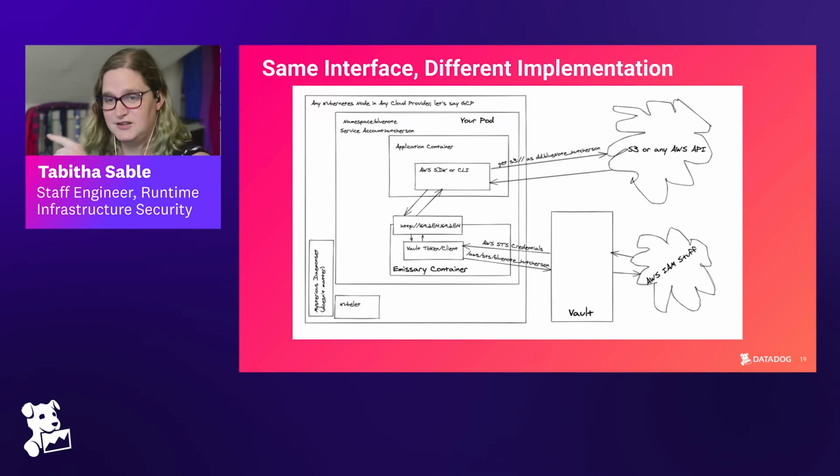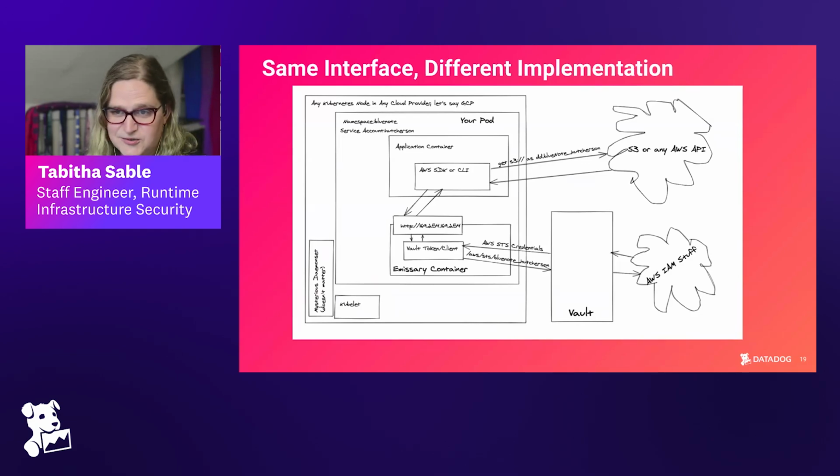And then Vault uses its own access to the AWS API in order to get credentials that correspond to that namespace and passes them back through to the application code in the container.